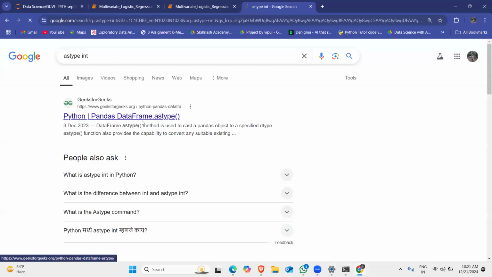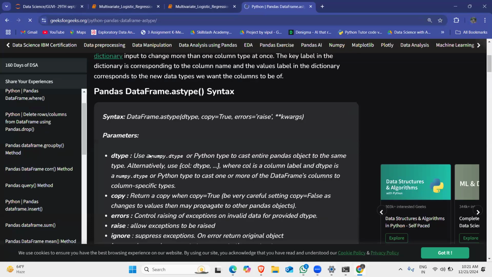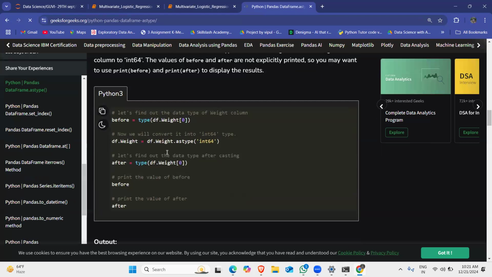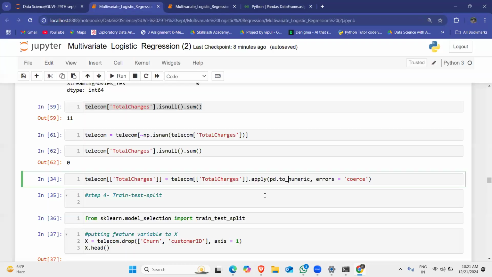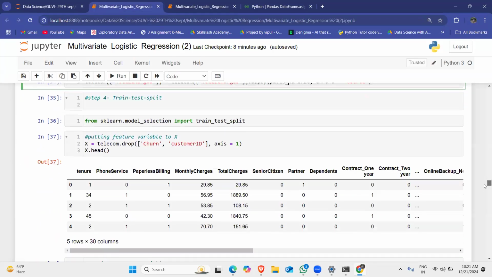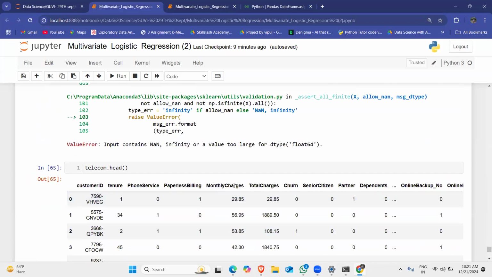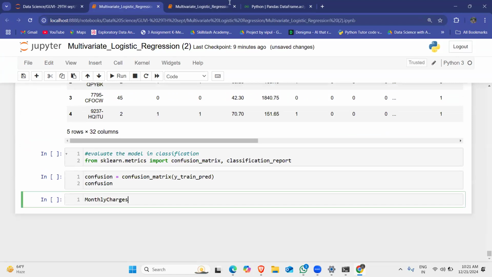Let's type integer. So in my data, I just want to convert charges in INR, not charges in INR. What is that column name? Total charges and monthly charges. Okay, so I'll just try this. I'll paste it over here.